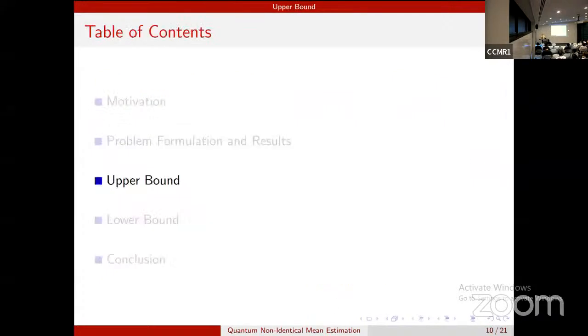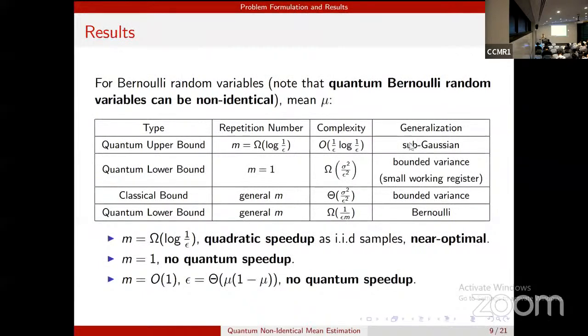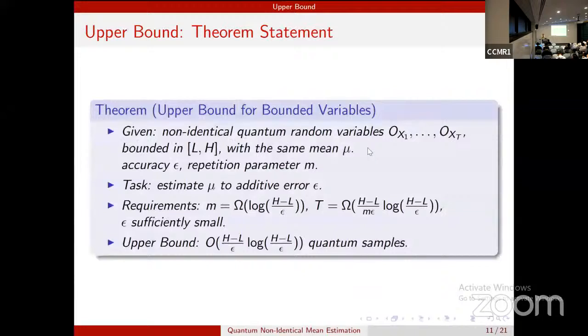Okay, now let's take a closer look at the upper bound. For the upper bound, we state this theorem for bounded variables, since the sub-Gaussian case can be easily reduced to the bounded case.